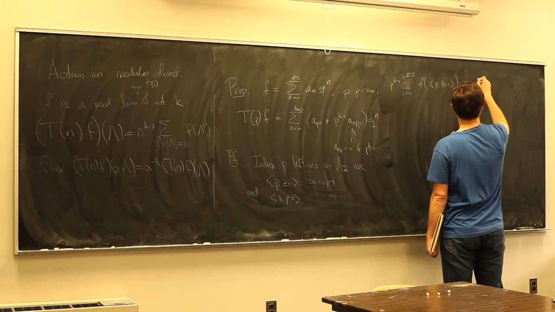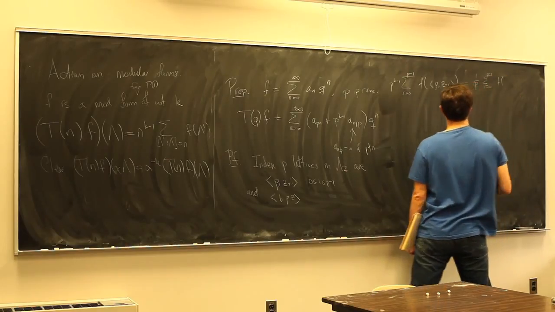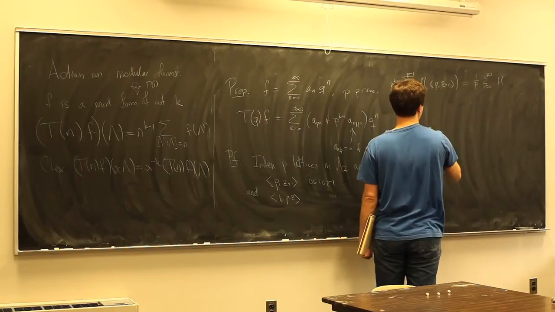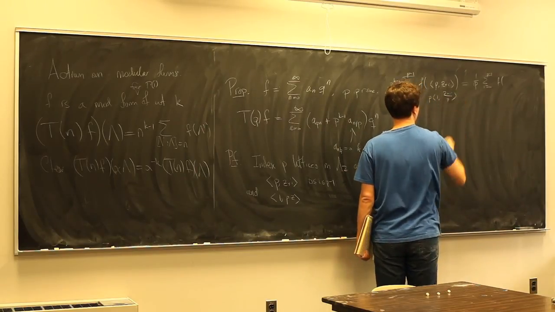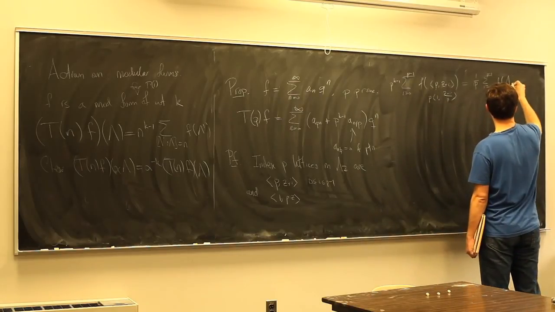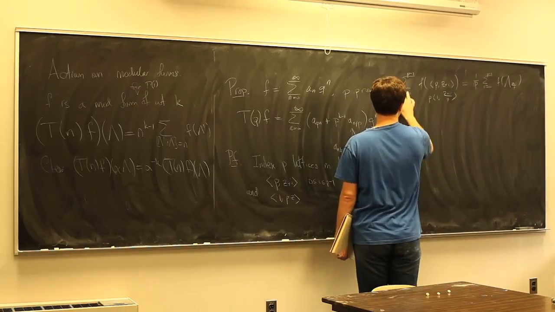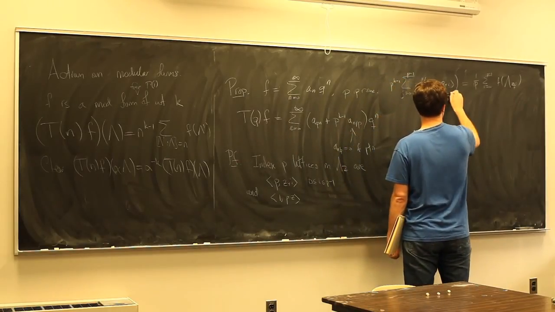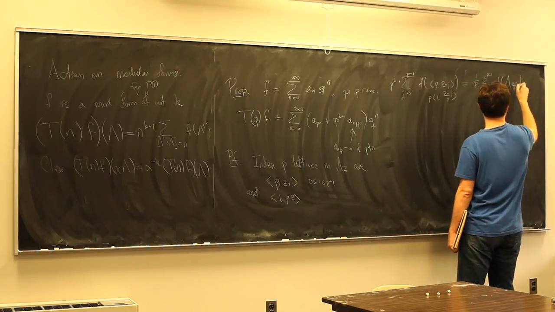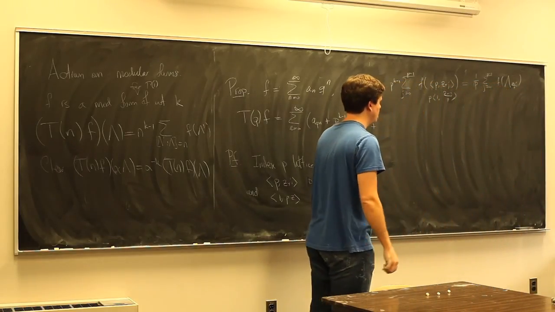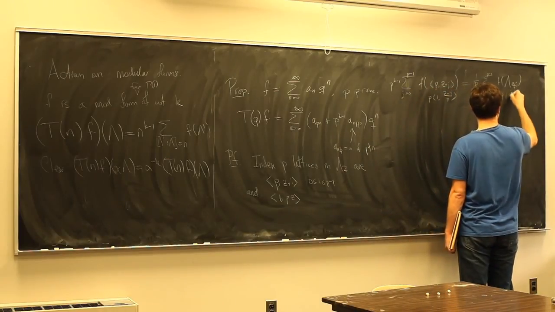So this is 1 over p times the sum from i equals 0 to p minus 1 of f. When I pull the p out, I get 1, z plus i over p, and that's the lattice that I call Lambda sub z plus i over p. Oh, maybe I should use j for this summation. And this is just what we call f of z plus j over p. Just notation.